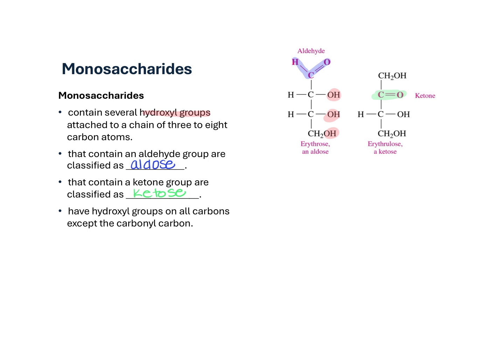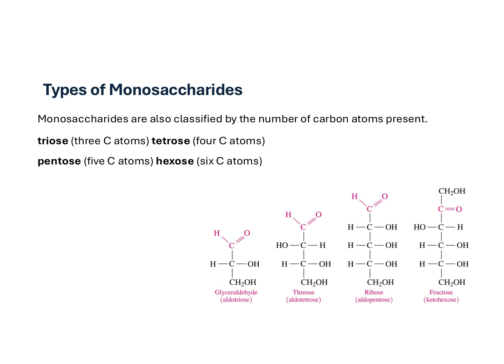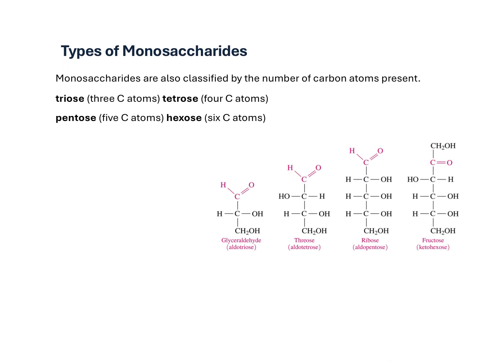These have hydroxyl groups on all the carbons except the carbonyl carbon. So they have lots and lots of these hydroxyl or alcohol functional groups. Now, we can also classify these monosaccharides by the number of carbons that are present. They're trioses if they have 3 carbon atoms. So what we do here is we use the aldo prefix because this has an aldehyde group here, right?